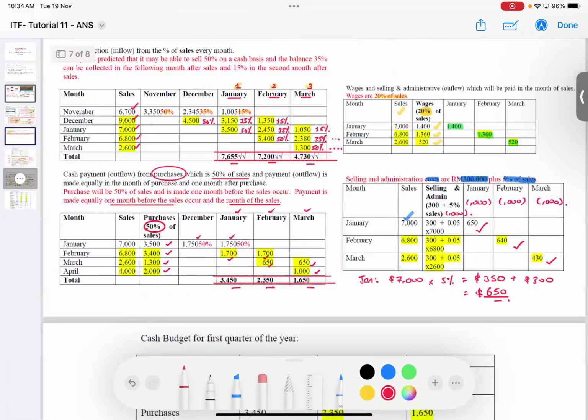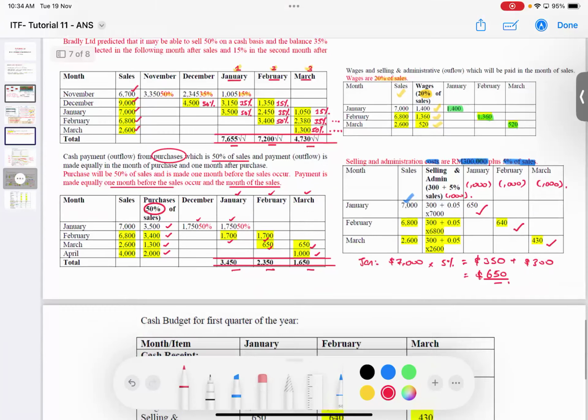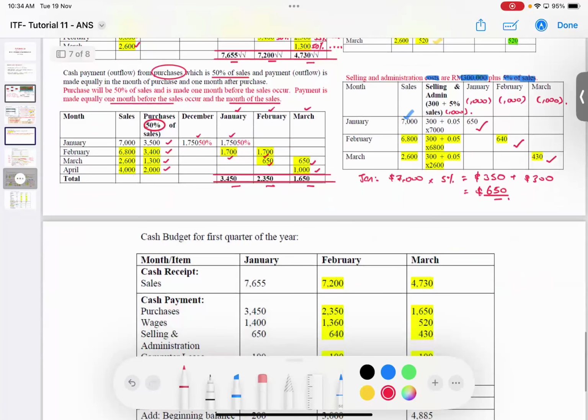Now you have all this information that requires calculations already. Then what's next is we can start to put into the cash budget itself. This will be like what is required in your assignment as well. You need to plot a table for cash budget.